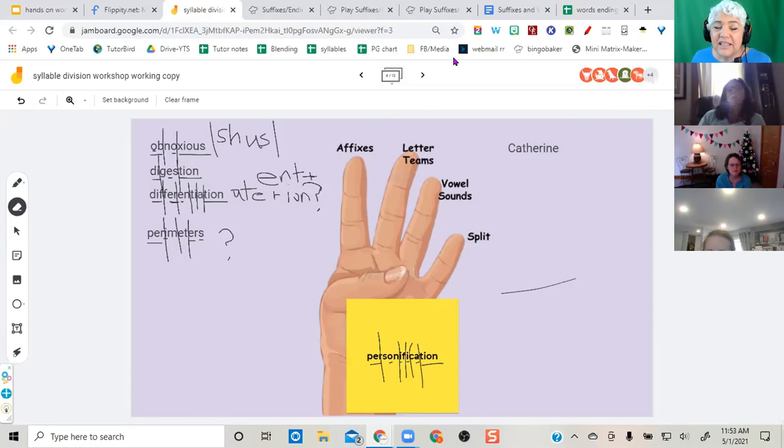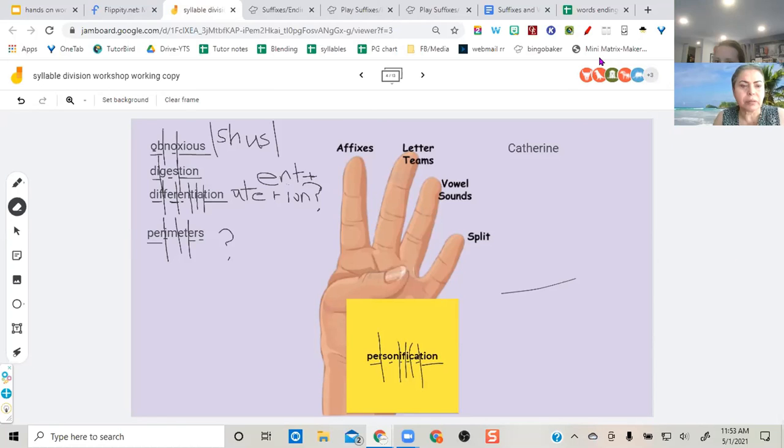And the odd thing there is that the TI says sh. So the T says sh all by itself. So when you see a TIA shun or TIATE, sometimes that TI says sh all by itself.